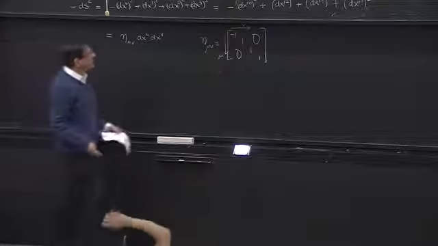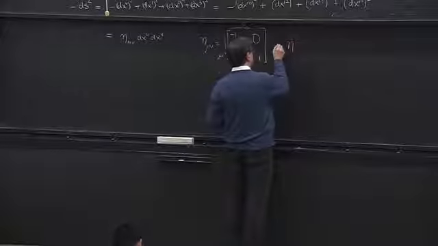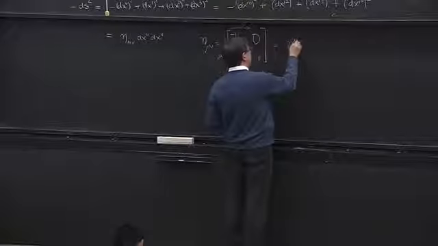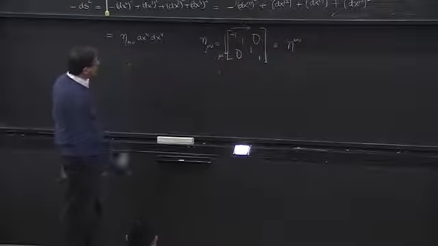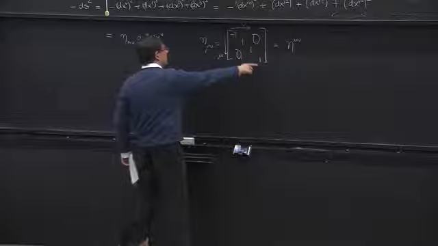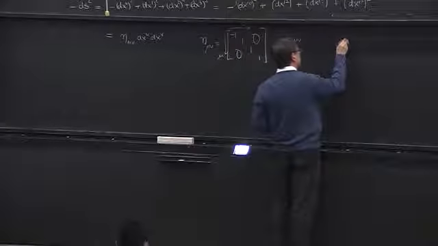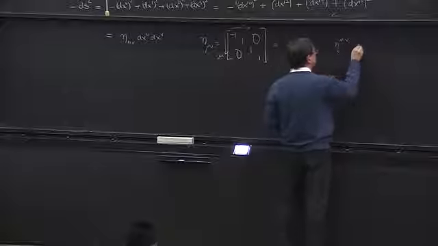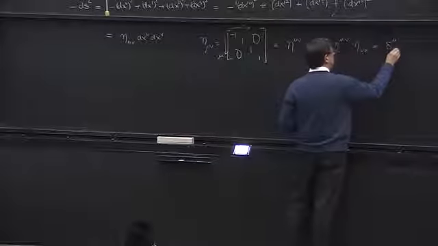This matrix is equal to the matrix eta mu nu with upper indices. This should be a definition. It's called the inverse matrix, but the inverse matrix of this is the same matrix. So the fact that it's an inverse matrix, we write it as eta mu nu eta nu alpha equals delta mu alpha.